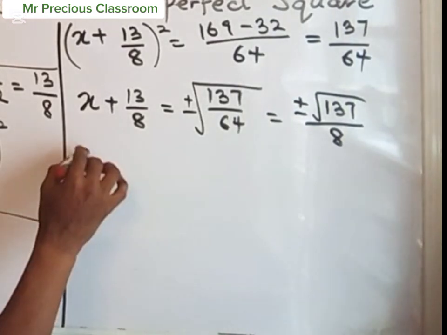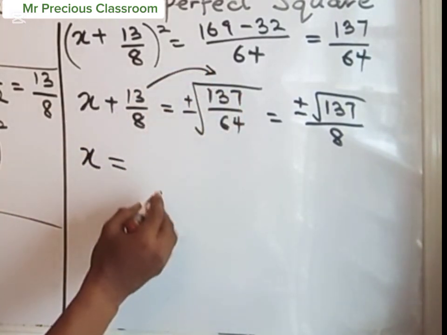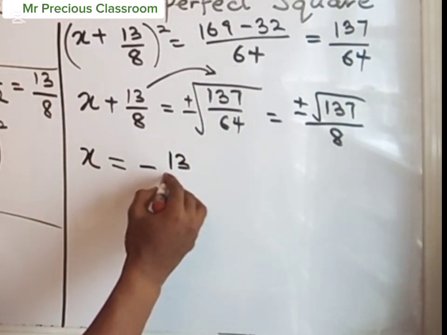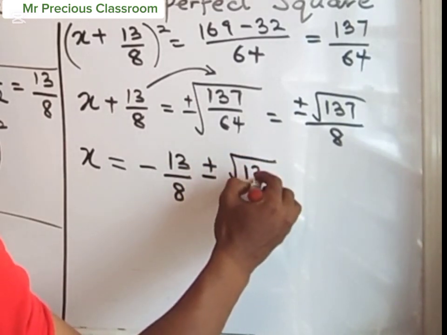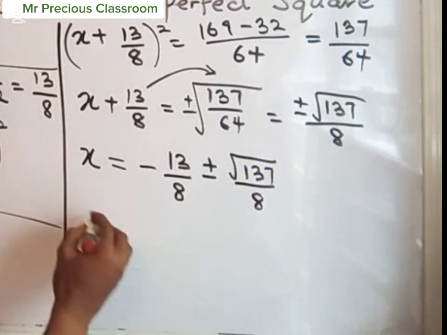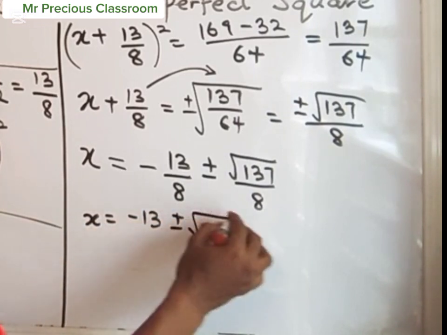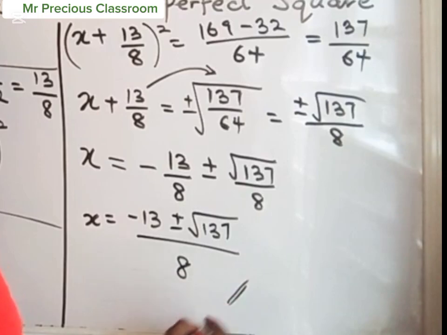So we now have x equal to, when this goes to the other side, minus 13 over 8 plus or minus square root of 137 over 8. So your x is simply minus 13 plus or minus square root of 137, all over 8. So this is your answer.